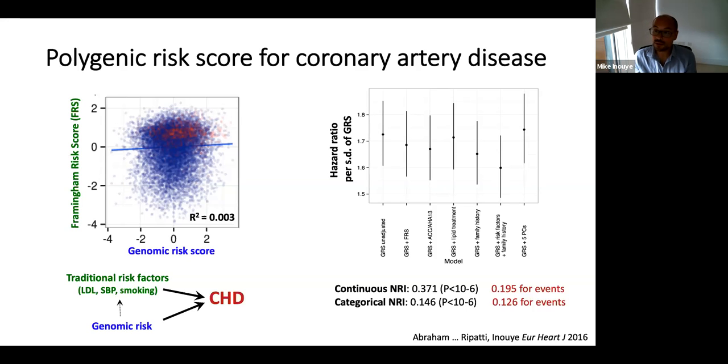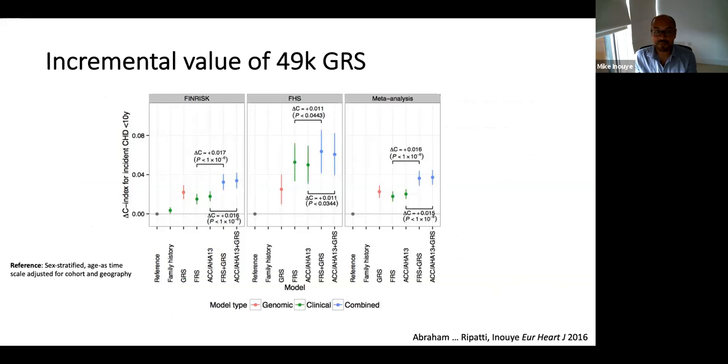So it's pretty much orthogonal information, which is interesting because it means that the GRS, whatever disease variants it's capturing, is independent of those conventional risk factors. And in a prediction sense, it means you've got something you can add on top of conventional risk factors. So we went ahead and did that and looked at C indices and how much additional C index you can get by dropping the GRS into the risk equation, estimating a weight for it, and seeing what it adds on top of conventional risk factors and risk scores like Framingham and, at the time, the ACC-AHA 2013 score.